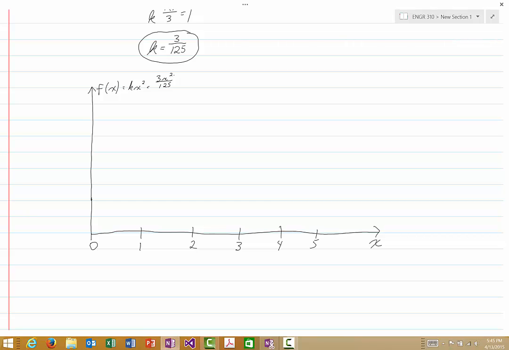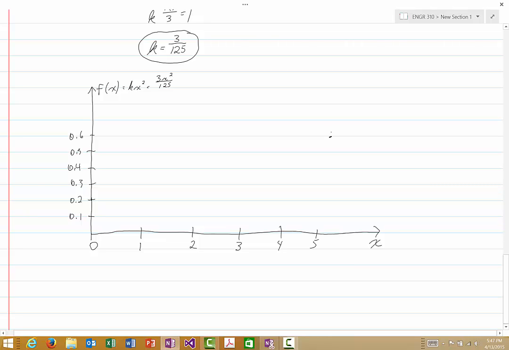75 over 125 is the same thing as 3/5, so we'll have 0.6. So let's maybe do the vertical scale like this: 0.1, 0.2, 0.3, 0.4, 0.5, and 0.6.